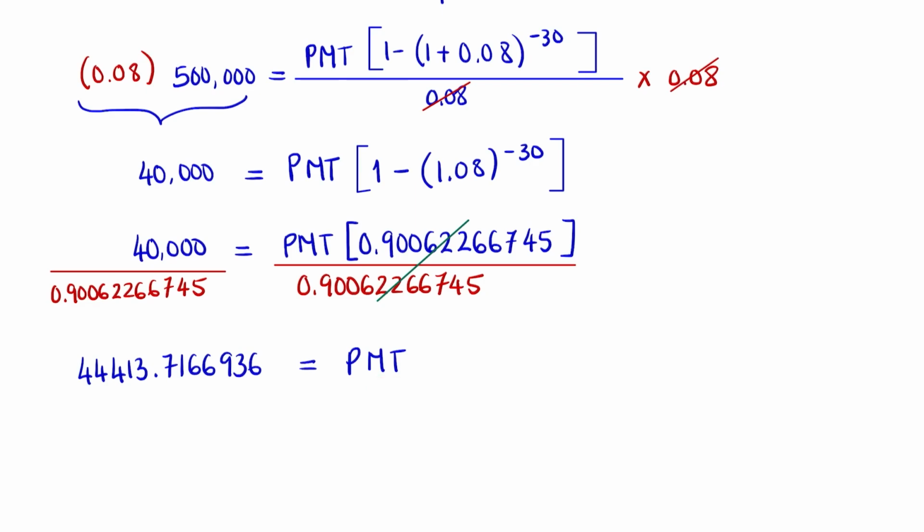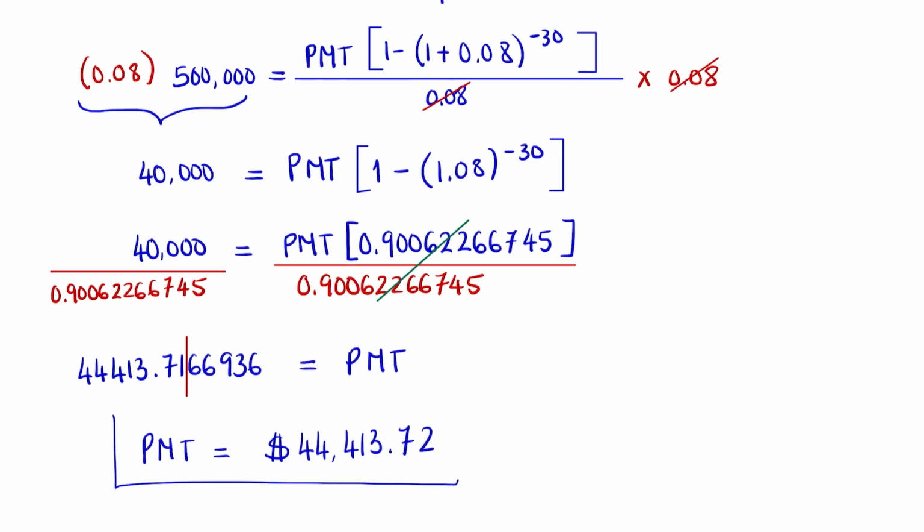So PMT is 44413.7166936. The question does not give me any rounding instruction, but again, I'm working in dollars, so I'm going to round it to 2 decimal places. This digit is 6, so I round up.